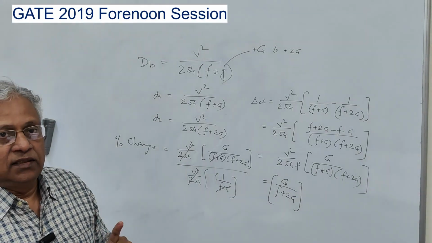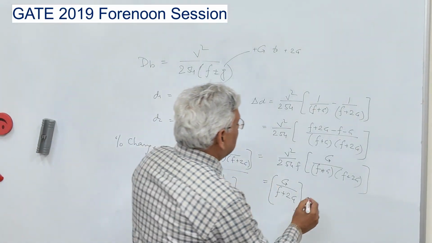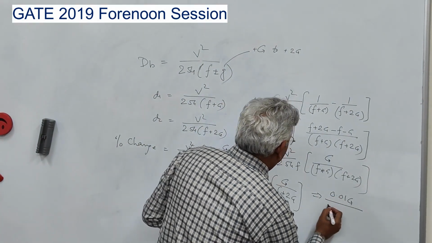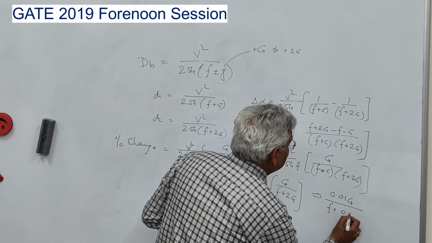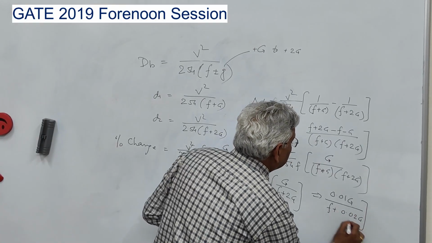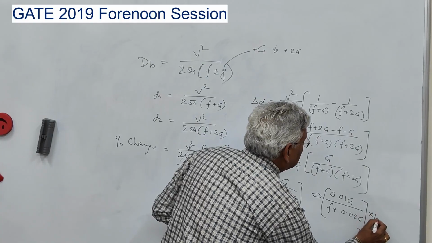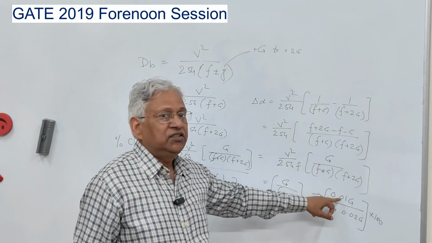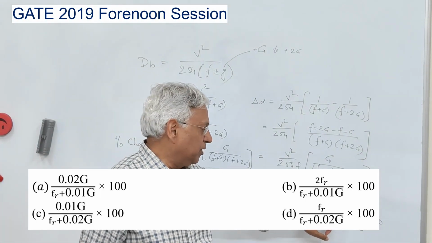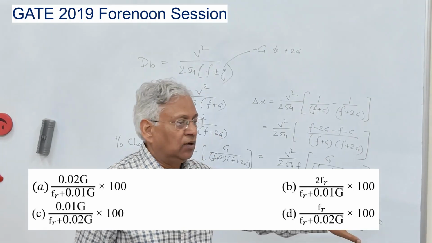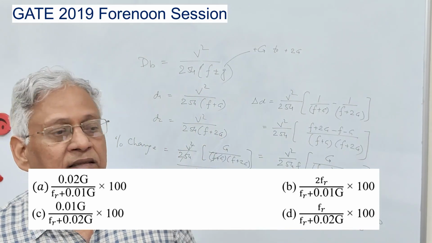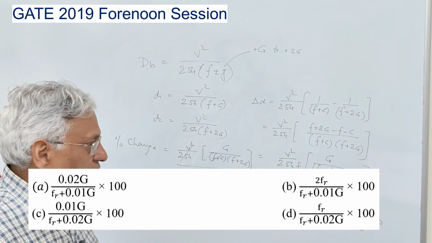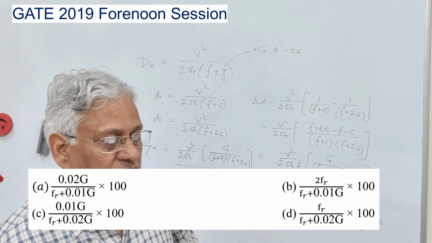Because G is in percent and therefore G should be written as 0.01 G upon F plus 0.02 G into 100. That is the percent change. 0.01 G upon F plus 0.02 G into 100. And that is your answer. Answer number C, 0.01 G upon F plus 0.02 G. That is the first question.